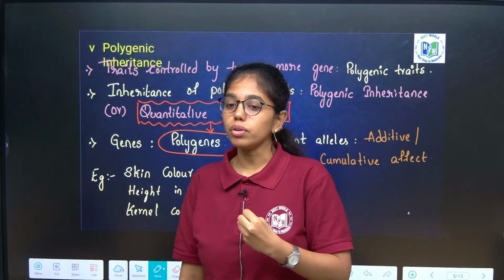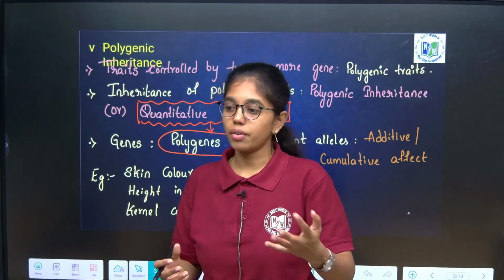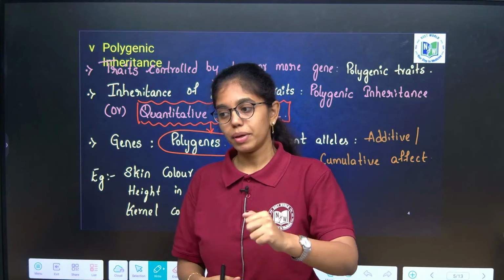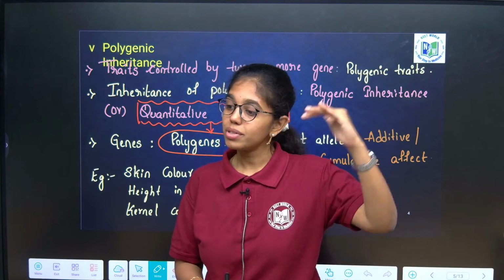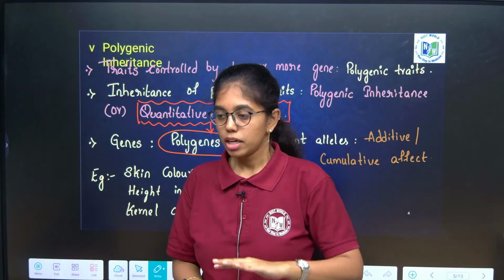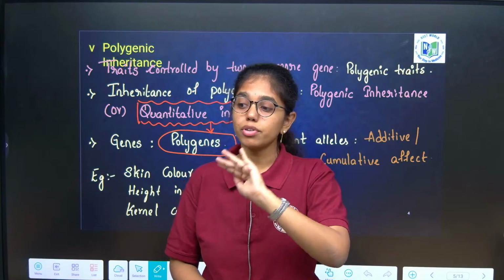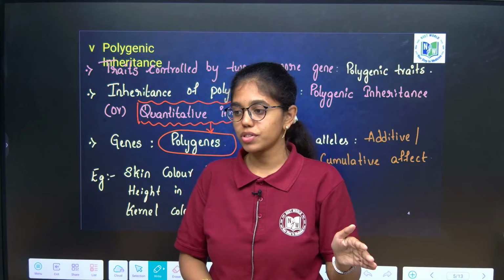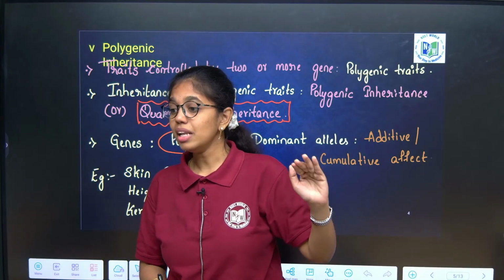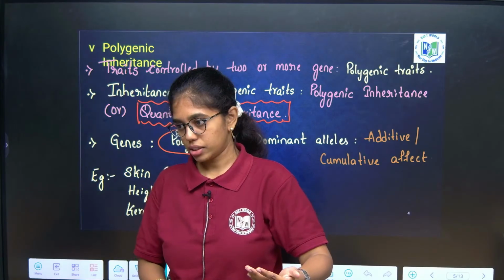But if you take characters like human height, how many heights are there, beginning from 3 or 4 feet to 7, 7.2, tall or tallest people are there. So you can see variable amounts of heights, variable skin textures. So these many variants are possible by many genes.